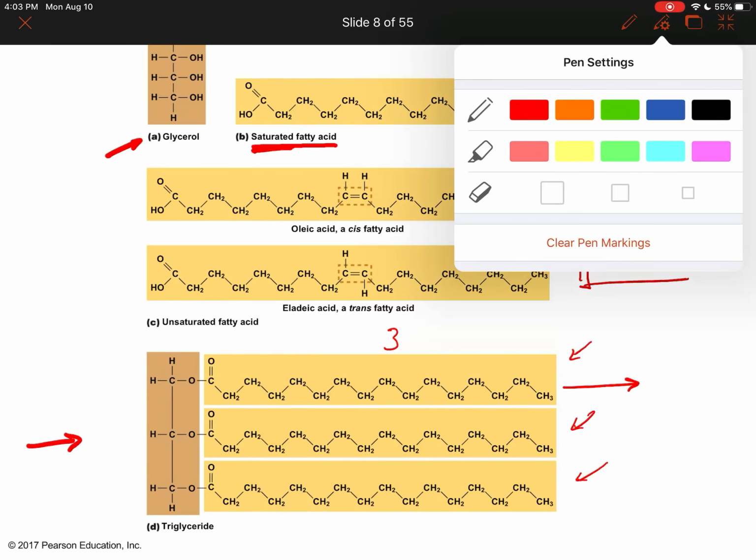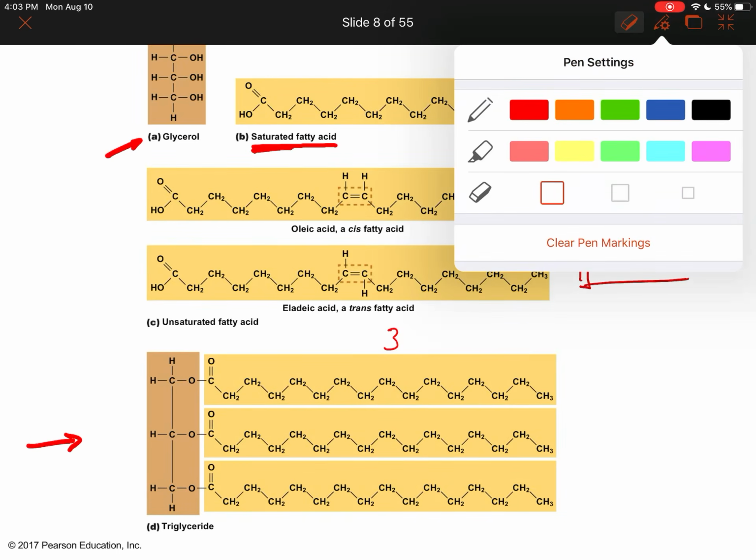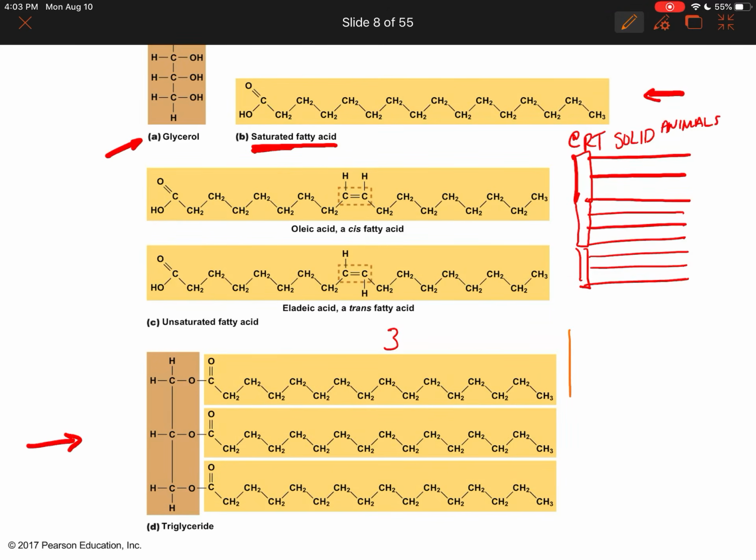Conversely, let me erase this here. If you had a molecule with the glycerol head and a double bond in the fatty acid tail, as you see here, that double bond will actually bend that fatty acid tail. Here's my double bond. There are 2 ways that double bonds can orient the molecule.